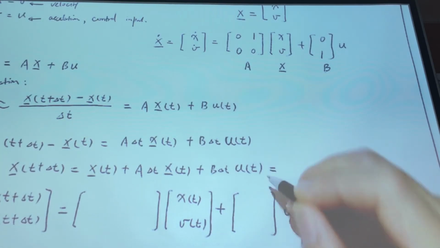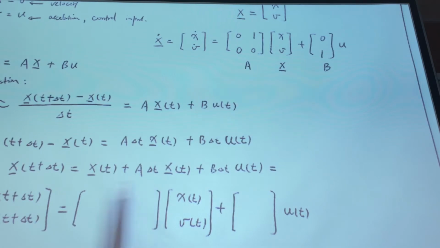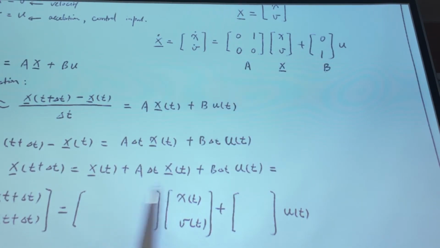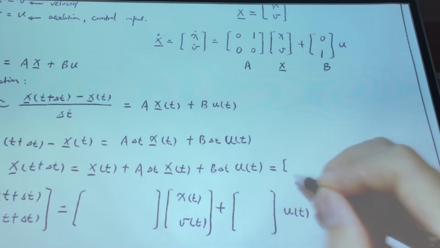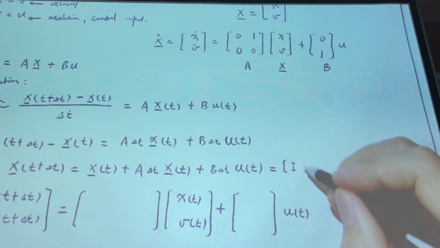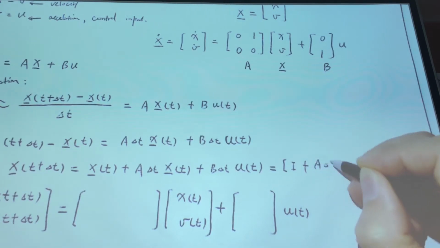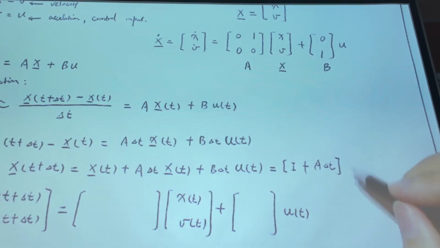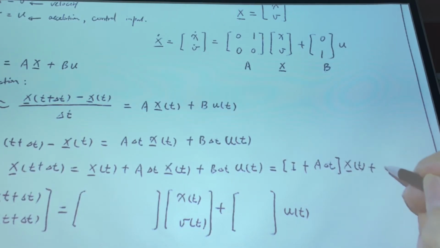In this equation, we can further combine the first two terms because both have xt. So this can be combined to be the identity matrix plus A delta t, times xt, plus B delta t ut.